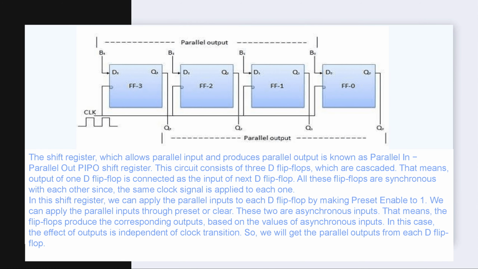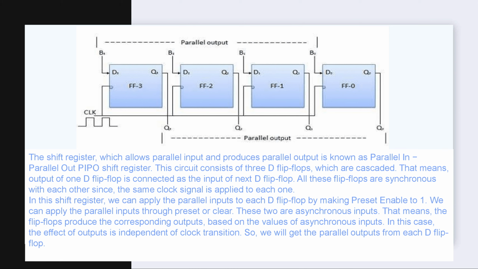The shift register which allows parallel input and produces parallel output is known as parallel in parallel out shift register. This circuit consists of 3 D flip-flops which are cascaded. That means the output of one D flip-flop is connected as the input of the next D flip-flop. All these flip-flops are synchronous with each other since the same clock signal is applied to each one. In this shift register, we can apply the parallel inputs to each D flip-flop by making preset enable to 1.